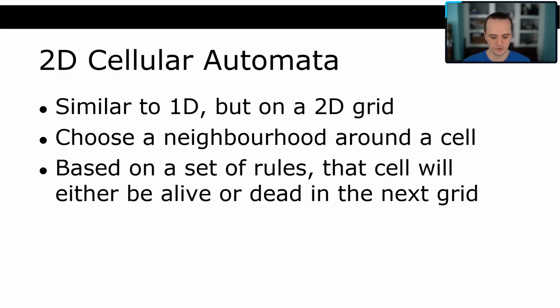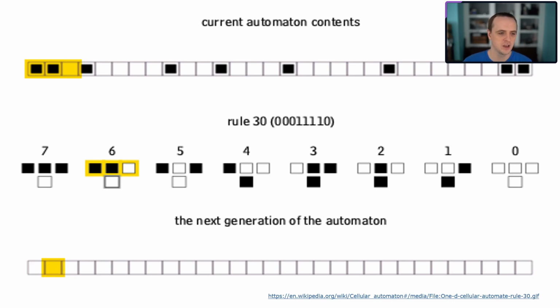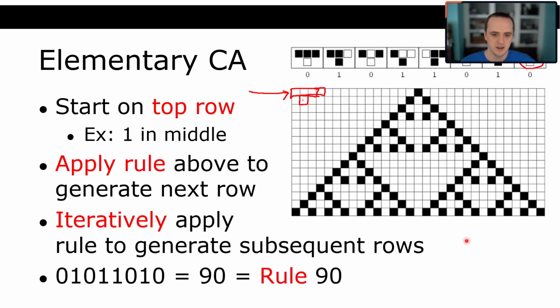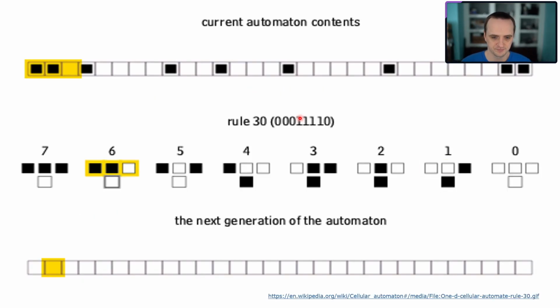So before, what we had, if I can show you again, is we took one line, we took one array and we generated a new array. We take one line, we generate the next, we generate the next, we generate the next. In a 2D version, we're going to take one two-dimensional grid and then create another two-dimensional grid.